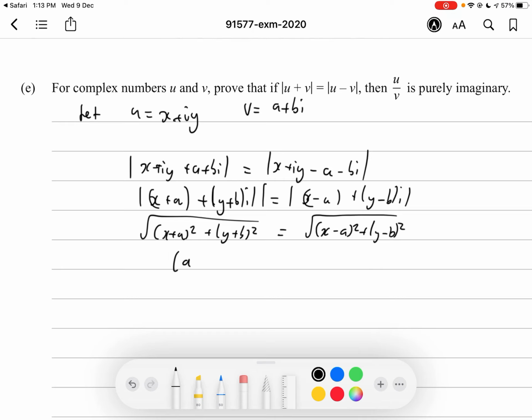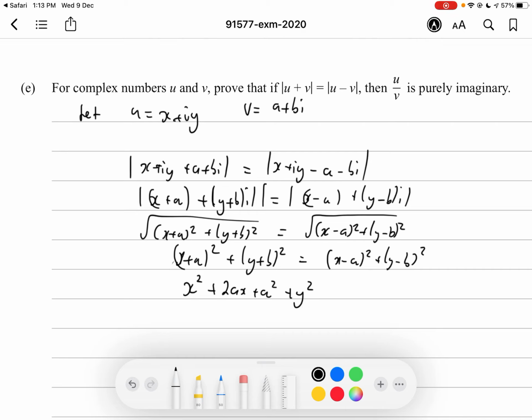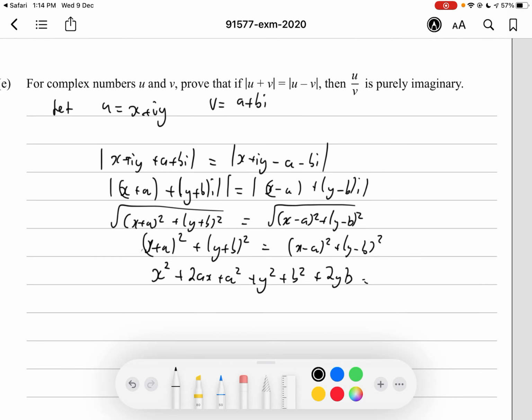If we square both sides, we'll see (x plus a) squared plus (y plus b) squared equals (x minus a) squared plus (y minus b) squared. If we expand this a little bit, we'll have x squared plus 2ax plus a squared plus y squared plus b squared plus 2yb, which equals everything on the right hand side, x squared minus 2ax plus a squared plus y squared minus 2yb plus b squared.